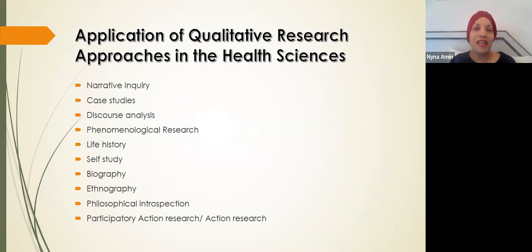So how would one apply qualitative research in the health sciences? And so here are the kinds of methodological approaches. So narrative inquiry. If one goes into this, that means that your study is concerned with people's stories. It could be the healthcare professional stories. It could be patient stories. It could be caregiver stories.